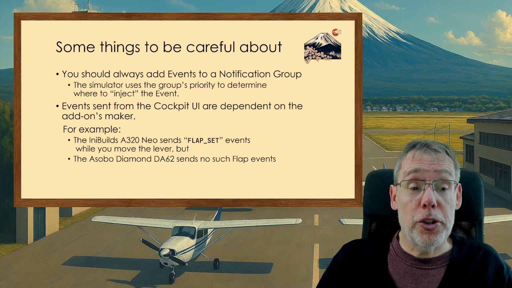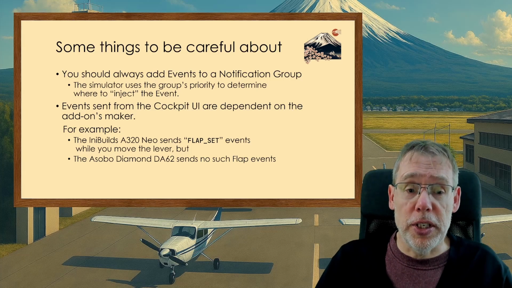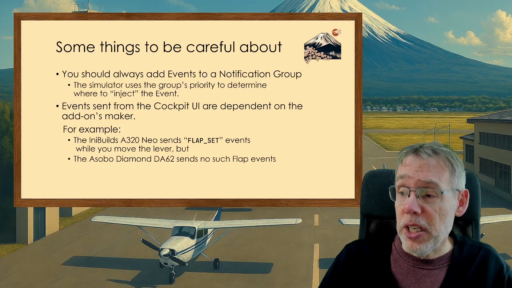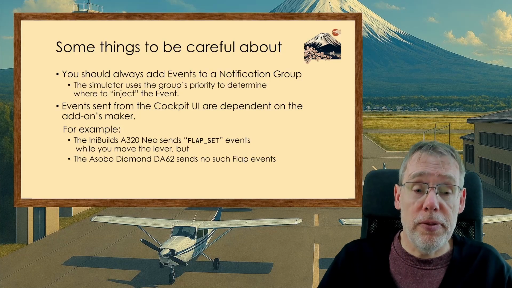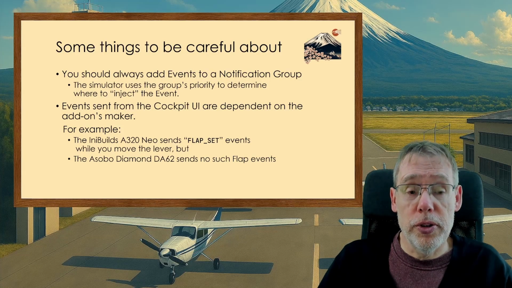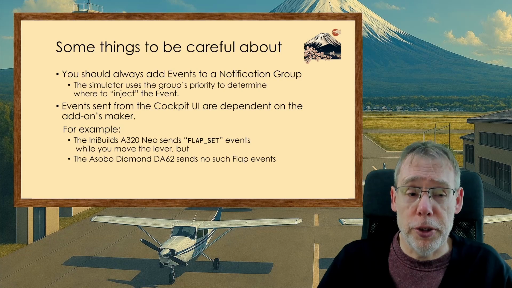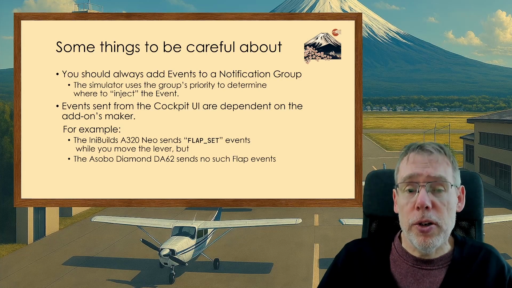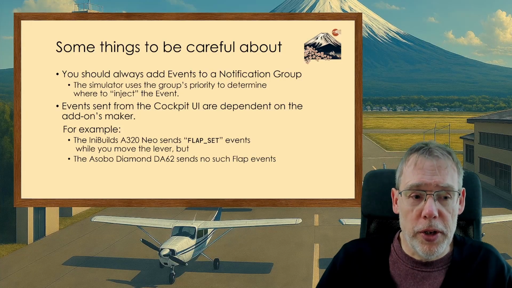And you also saw that events sent from the cockpit UI are not guaranteed to create events that are sent to all the SimConnect subscribers. For example, it's dependent on the add-on maker what happens.